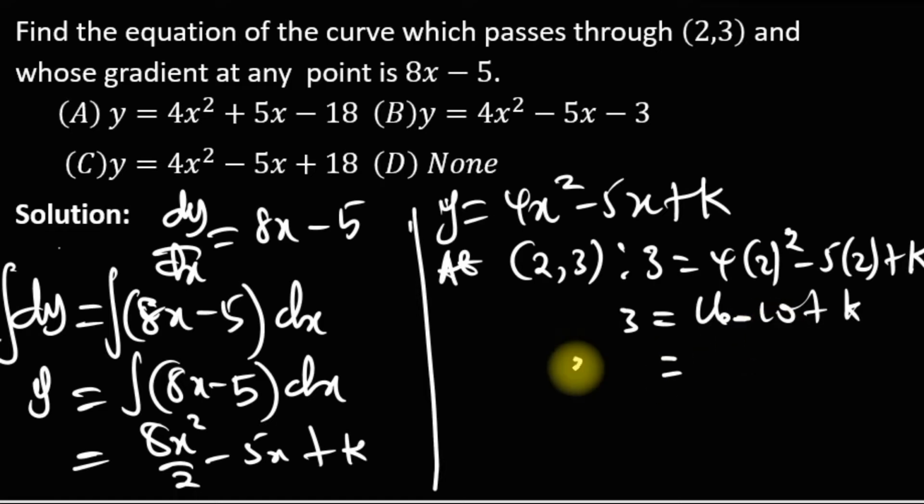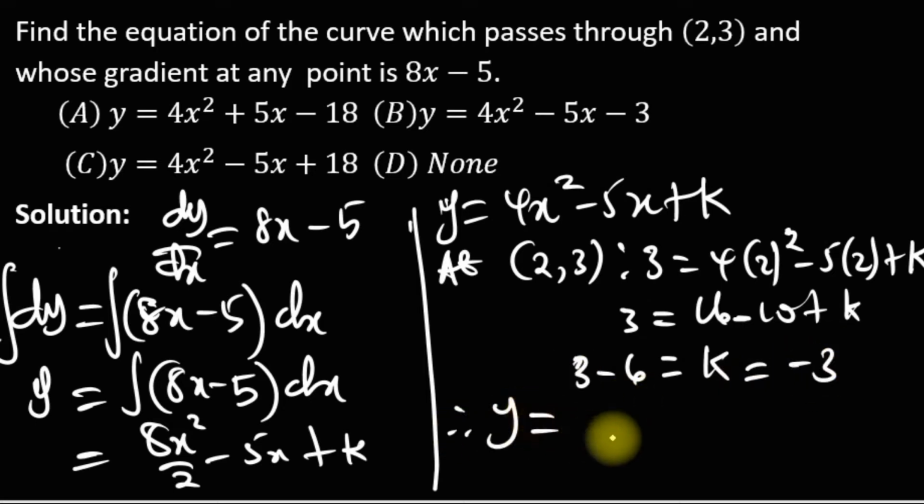And 3 minus 6 is k, and 3 minus 6 is minus 3. Therefore y is now 4x squared minus 5x plus k, so k is minus 3.